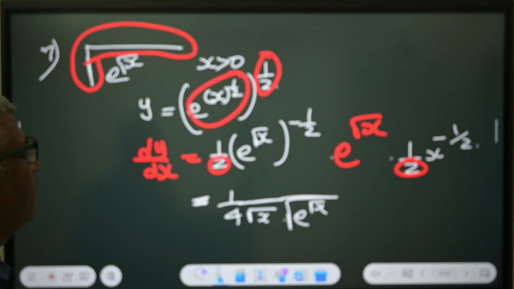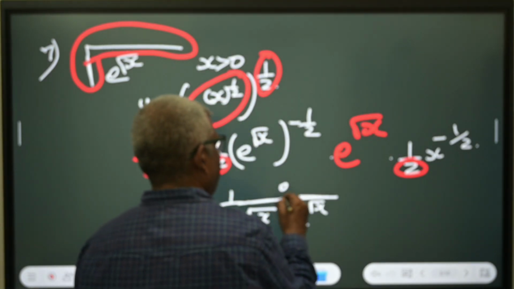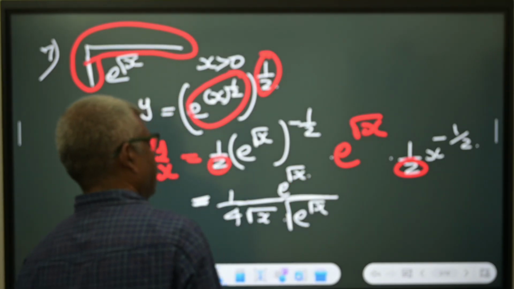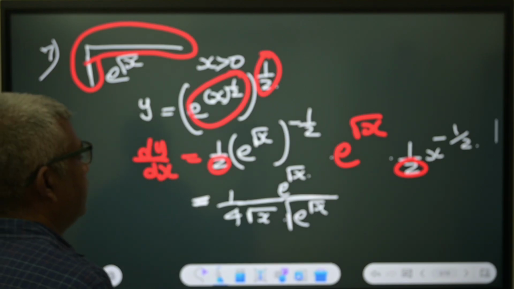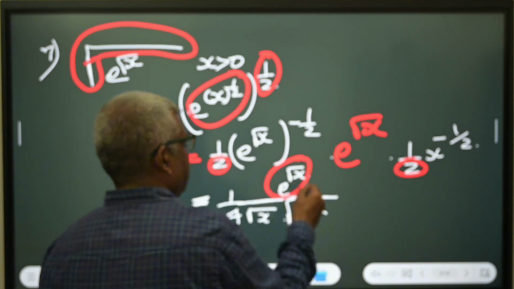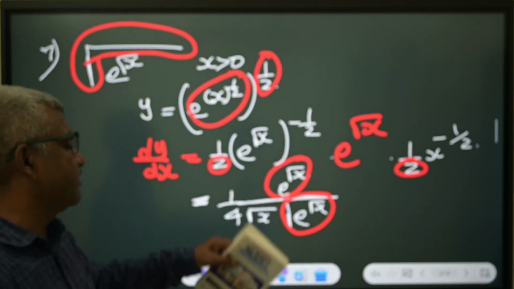Then what else? This one only. So e power root x. So the final answer will be this one, this one, this square is that one.